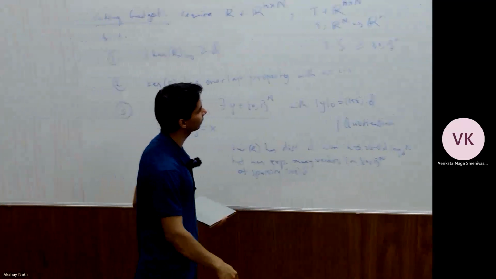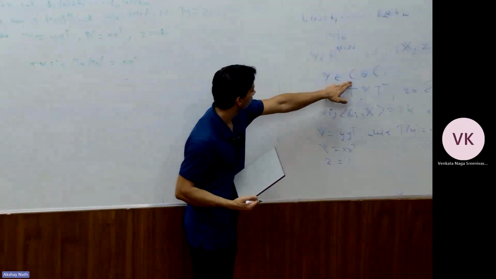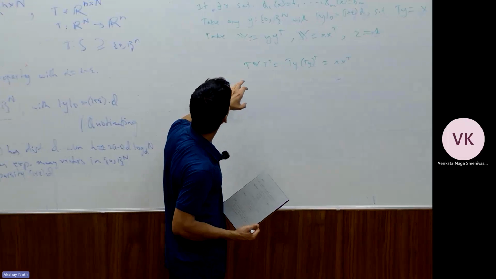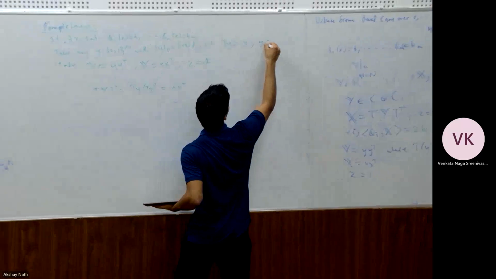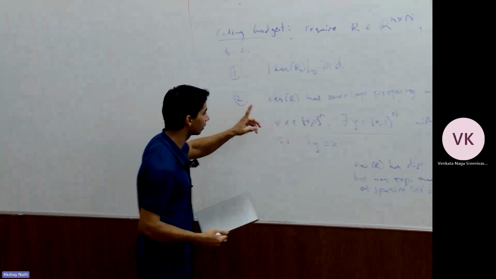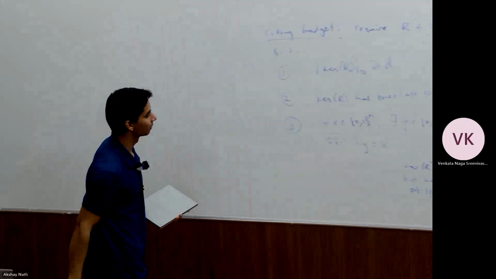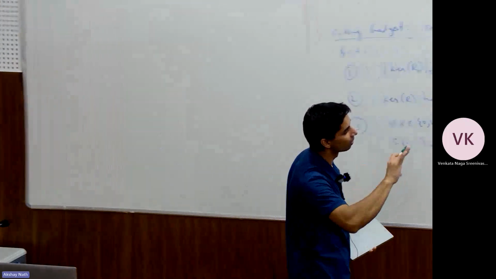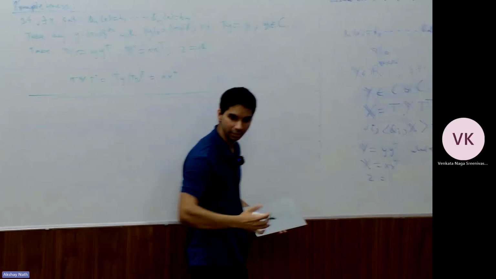Okay, so we satisfy all the conditions. And finally, Y belongs to the tensor code, because Y also belongs to C. So we satisfy all the conditions. Good. Hopefully, no questions about the completeness.